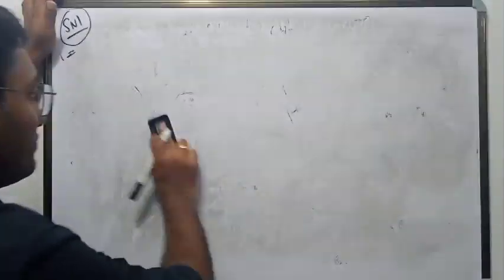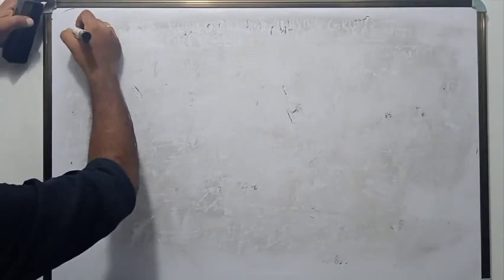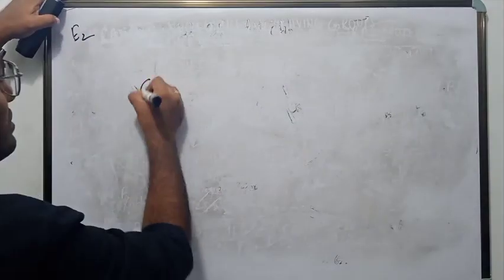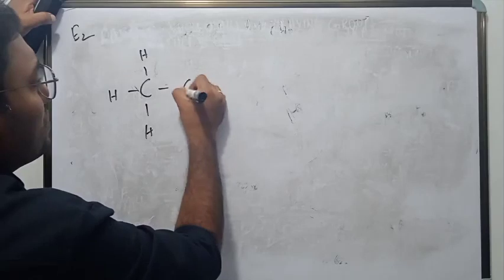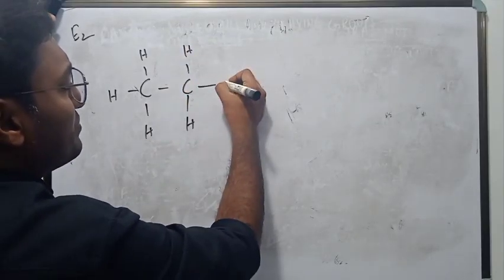Now what happens in elimination reaction? Let us see that also, elimination in alkyl halide. Let's study about E2 reaction. So this is the E2 reaction which I am going to show now. This is our substrate, which is a primary alkyl halide.